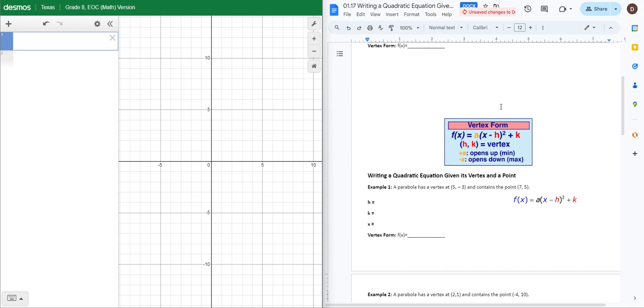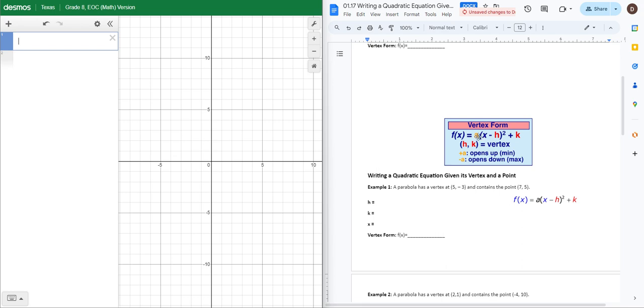Now, to go ahead and get into it, we know that vertex form is equal to a times x minus h squared plus k. We know that h comma k is the value of the vertex, where h is the x value of the vertex, and k is the y value of the vertex.